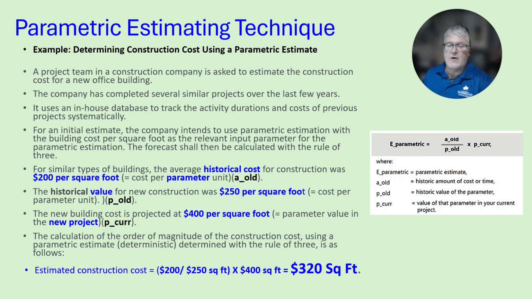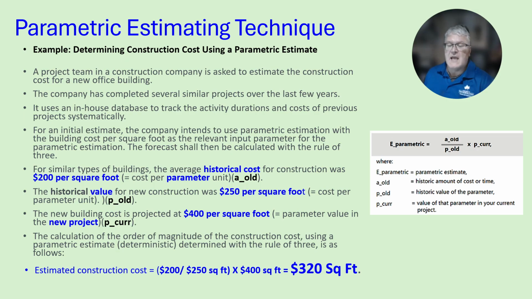Here's an example of the parametric estimating technique. It's used to determine costs using parametric estimating. A project team in a construction company is asked to estimate the construction costs for a new office building. The company has completed several similar projects over the last few years.